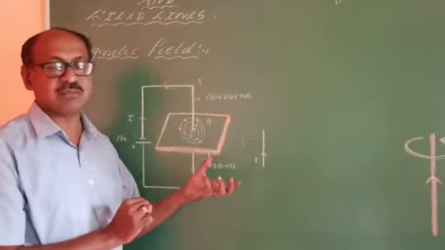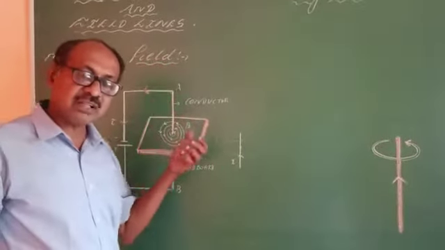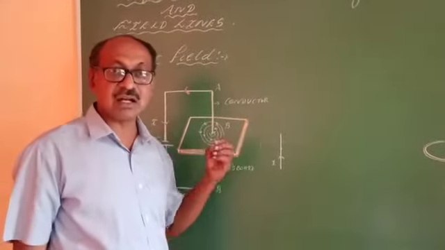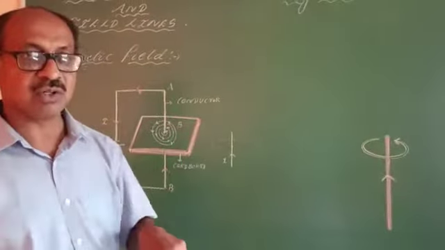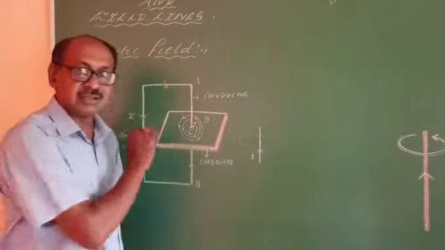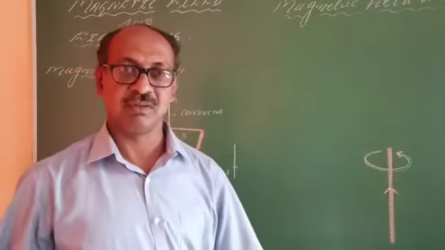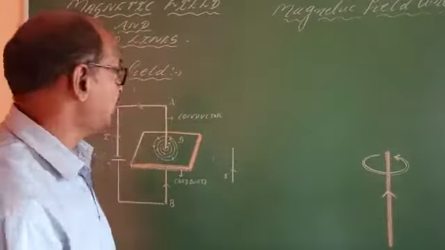This is what we term the magnetic field. So a magnetic field is a region or a space around a magnet, or a conductor which is carrying the current, where a magnetic force acts. That is what we term a magnetic field.